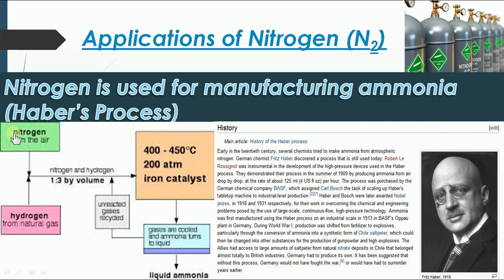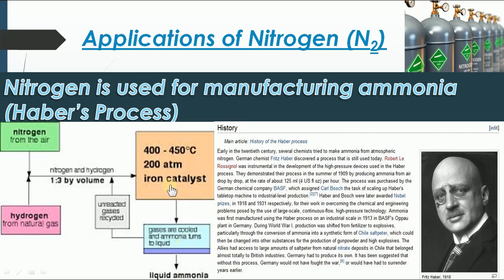Now he has taken atmospheric nitrogen and hydrogen and reacted them together in the ratio of 1:3 by volume, and when you maintain the pressure and temperature and the iron catalyst, these two combine to form ammonia, NH3.